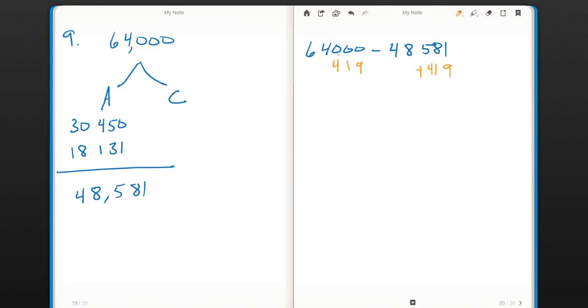And that's easy to do because I have an even thousand there. And that allows me to subtract 49,000. So 64,000 subtract 49,000 is the same thing as subtracting 50,000 and putting one back. So if I subtract 50, I'm at 14,000. If I put one back, I'm at 15,000. 15,419 is the number of children.